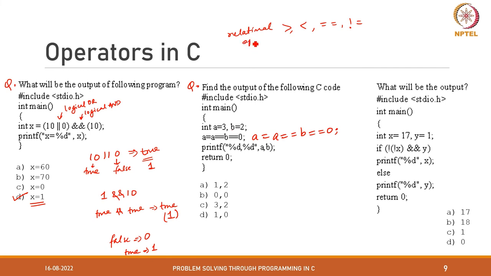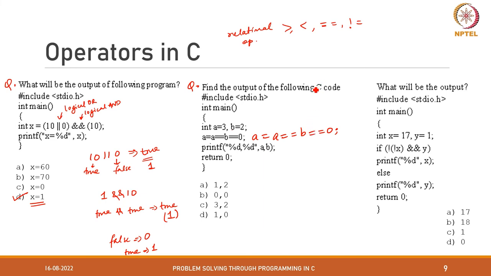Now we have two different relational operations going on here. First, we have a equal to b, then again equal to 0. So two different operations are there, both having the same precedence, that is this equality operation. Then what will you do? We'll go to operator associativity.